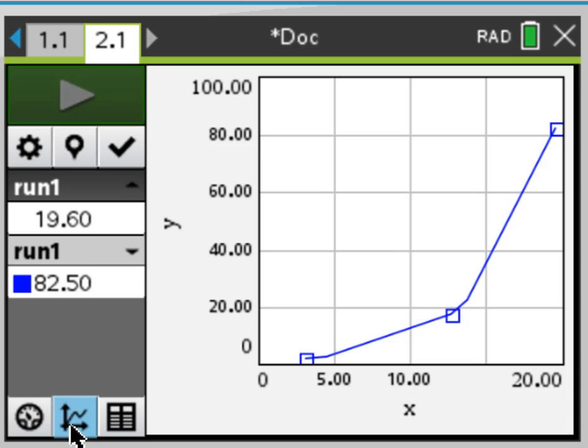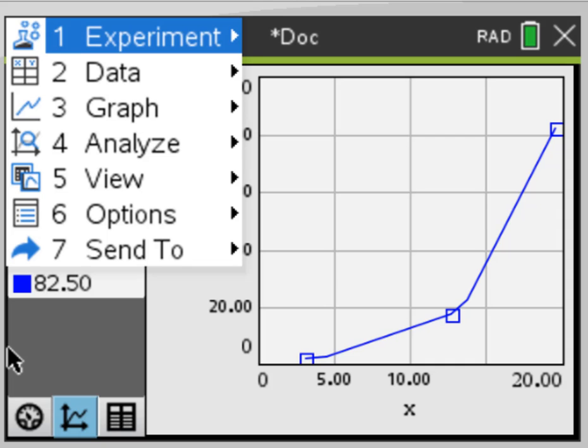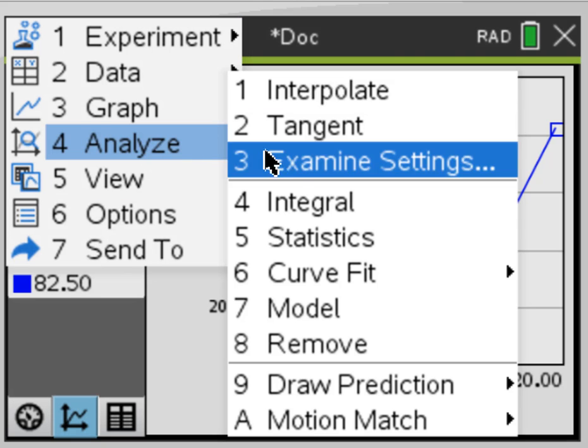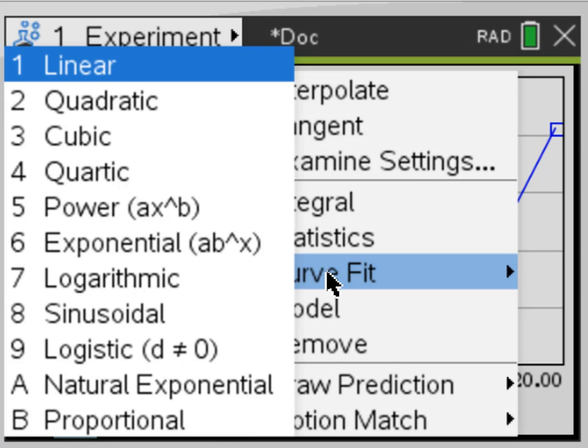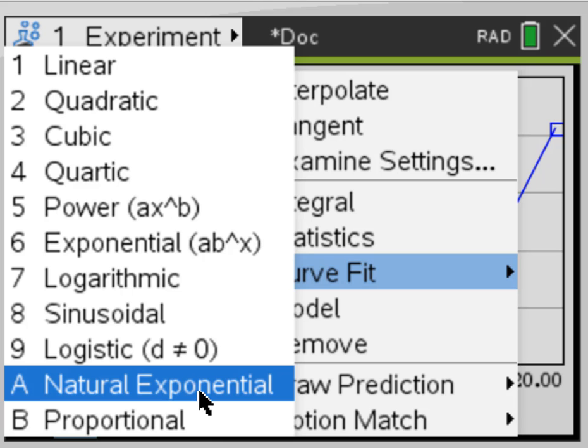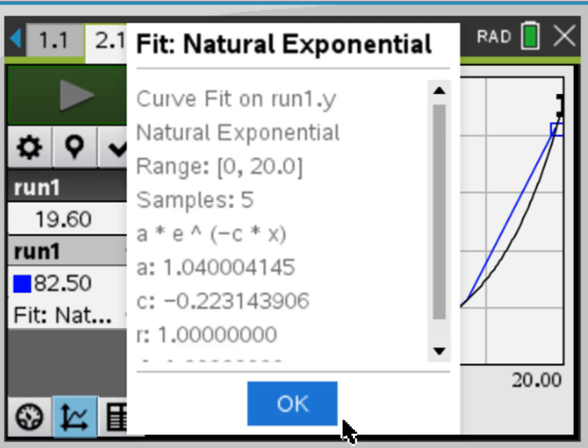Now, I want it to be a natural exponential. So I'm going to go to my menu. I'm going to go Analyze. And from there, I want to go Curve Fit. And I want to pick exponential, but I want it to be a natural exponential. Okay, so there we have our values.